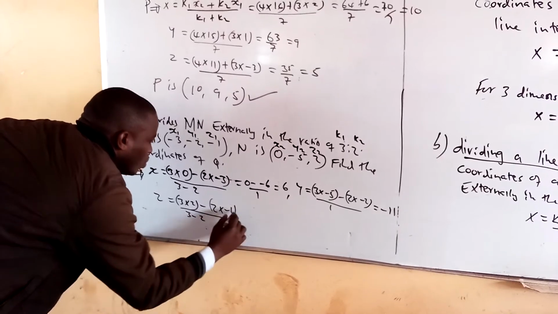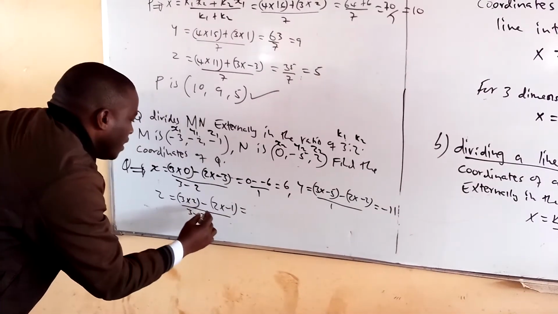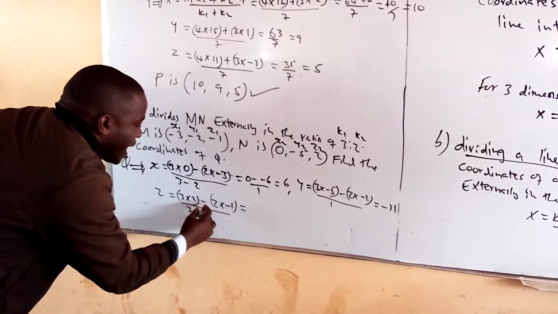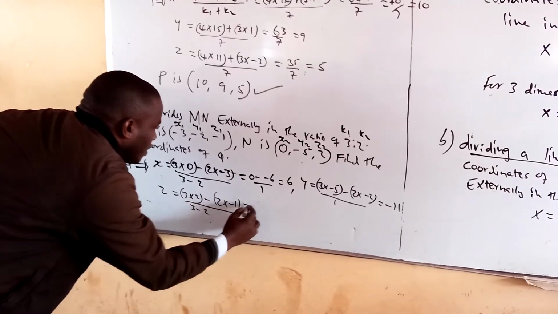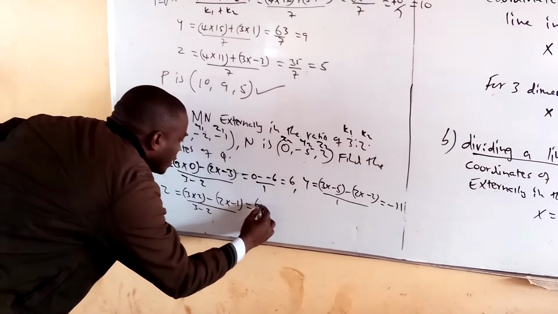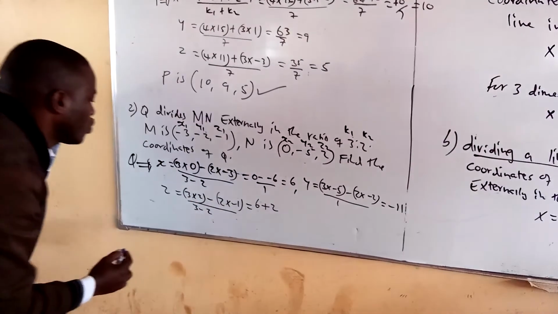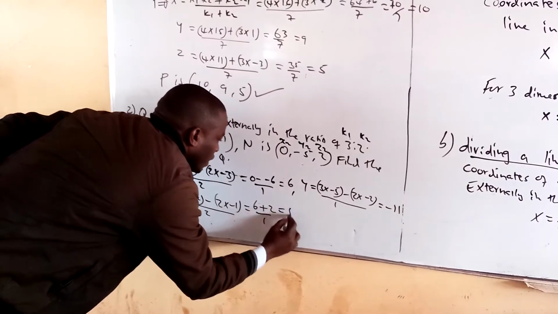This gives you 6 minus -2, which is the same as 6 plus 2. 6 plus 2 all over 1, this gives you 8.